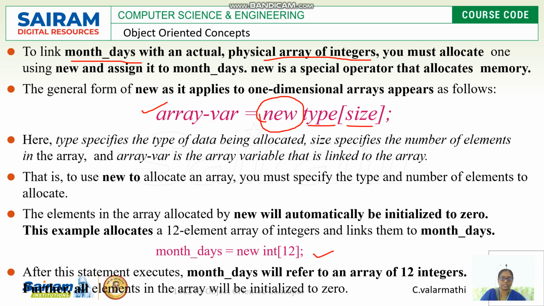So month_days equal to new int of 12. 12 is the size here, right? So here month_days is an integer array variable of size 12. That means 12 integers can be stored and can be referred to by this variable month_days.